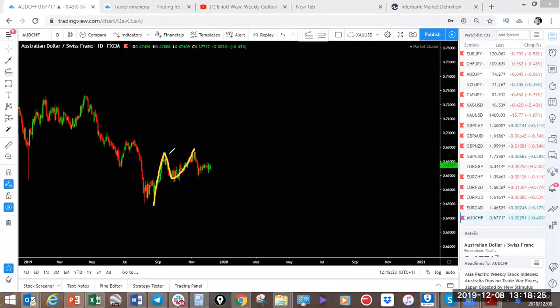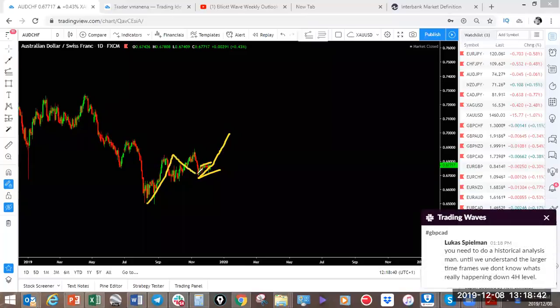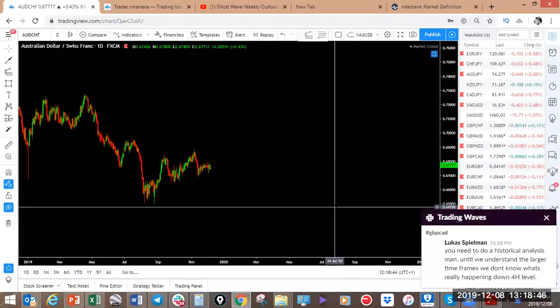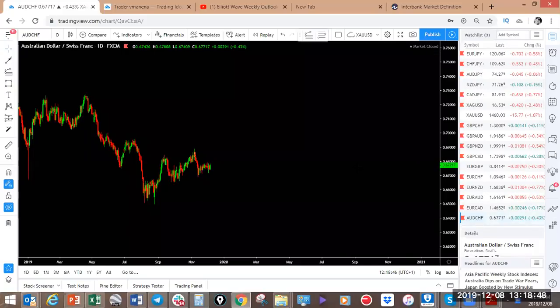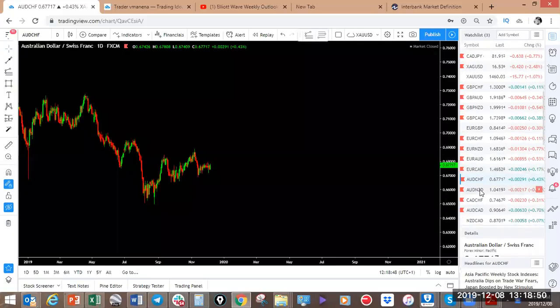I can't see whether this is the orthodox top or this is only a single impulse, because this can actually be a running flat like this, and then we will start pushing higher. But we can't see that clearly until we see what's going to happen here. So let's watch this, or if it's going to do this, we can have 1, 2, 3. But for now, not clear. Stay out of that one until we get a clear structure there. That is AUDJPY, and let's look at the rest of the crosses.